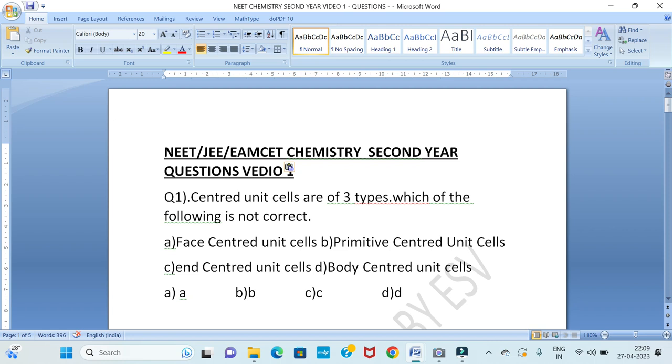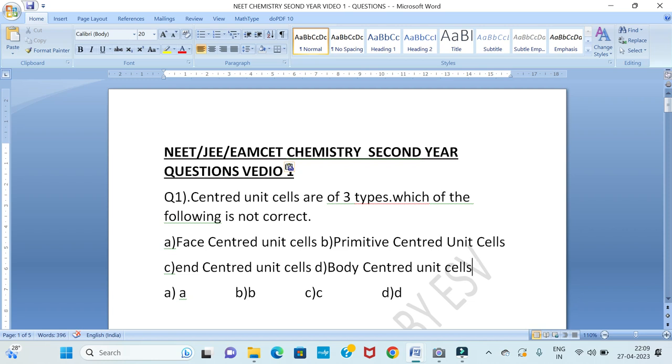So unit cells are divided into two parts: one is primitive unit cells, the second is centered unit cells. In centered unit cells there are again three types: face centered unit cells, end centered unit cells, body centered unit cells.